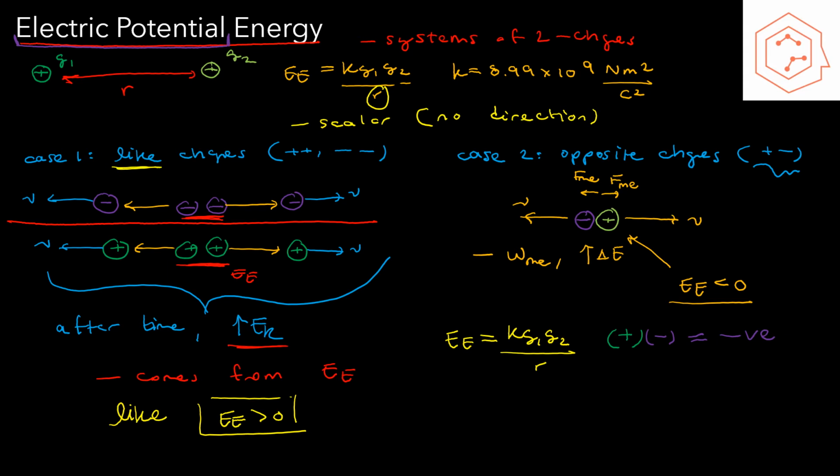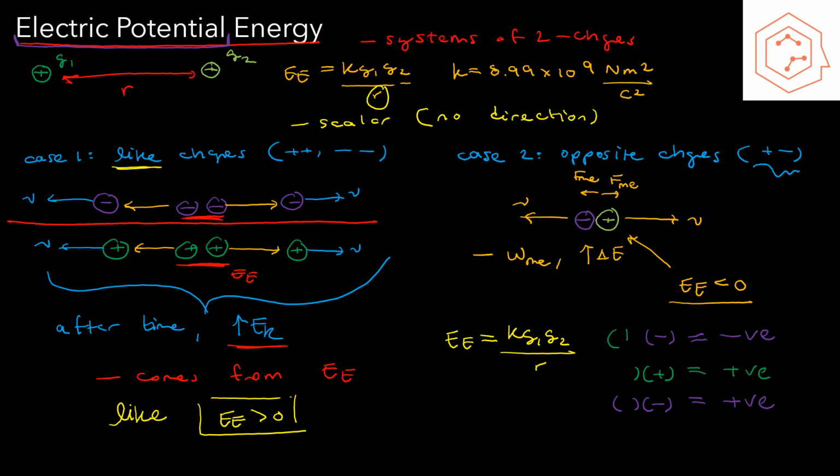And if both charges are alike, so positive and positive, you'll get a positive answer. And if both charges are negative, you will get a positive answer. And so even if you simply plug in the values, you'll get the same result.